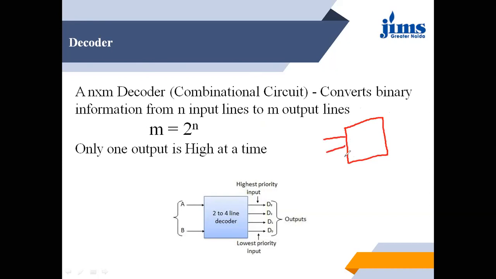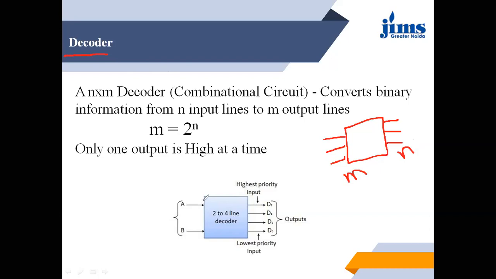When there is a logic like this, in which the inputs and outputs are more than one, then we have to implement decoders and encoders.